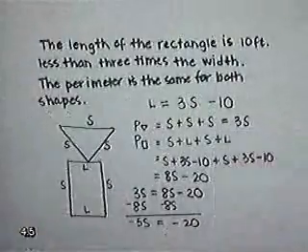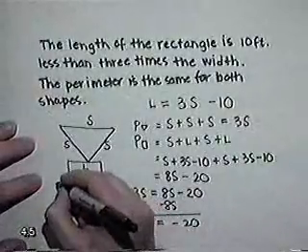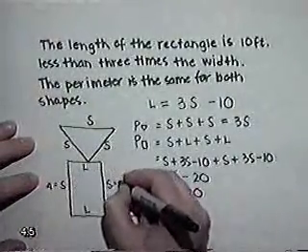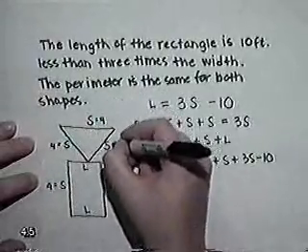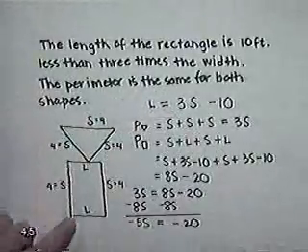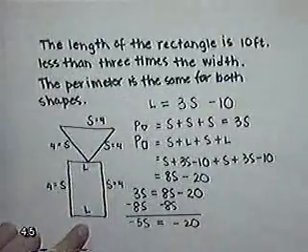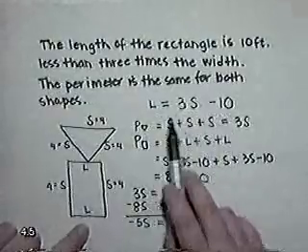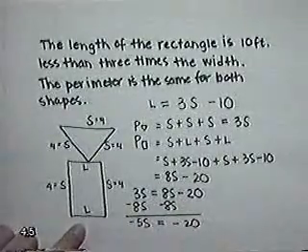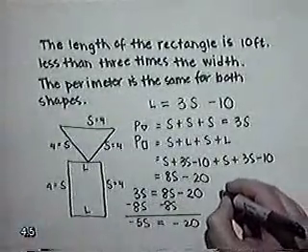We'll go back to the picture. So each of these S's is 4. And in order to find the length that will complete the problem, I can substitute 4 into this equation for L. L equals 3S minus 10. And I'll do that right over here.